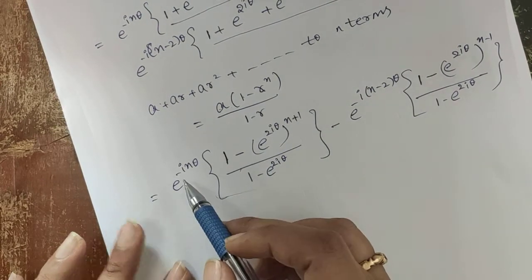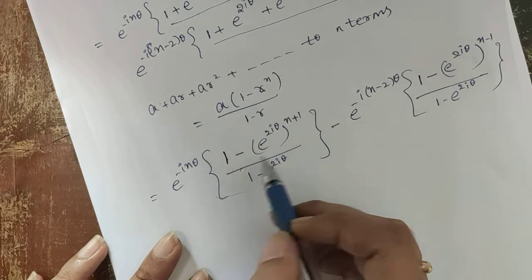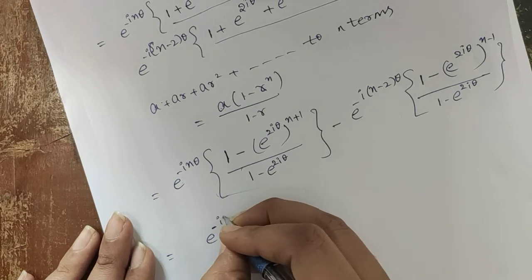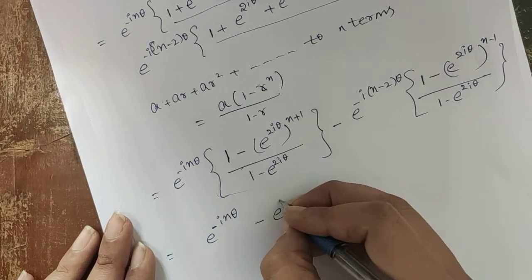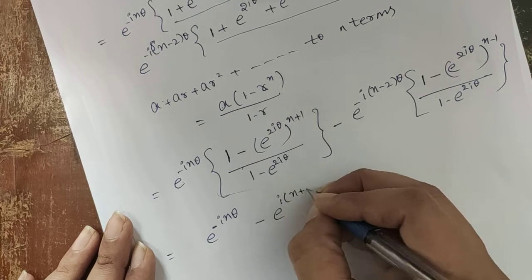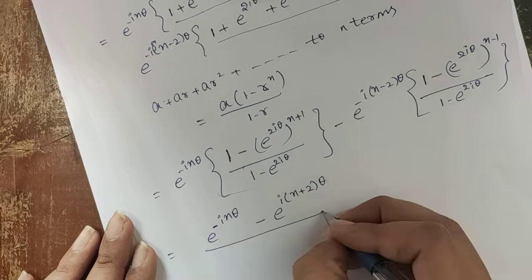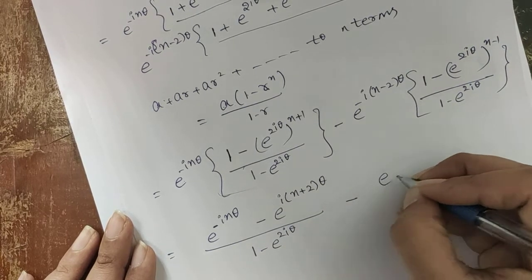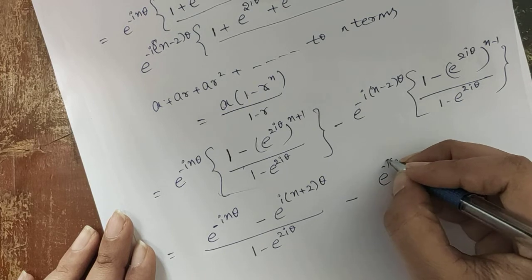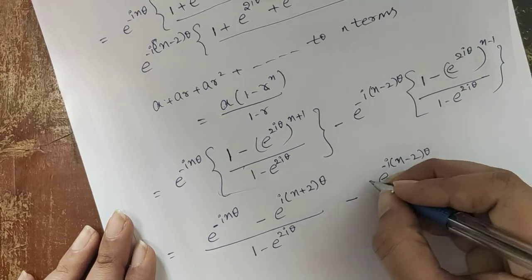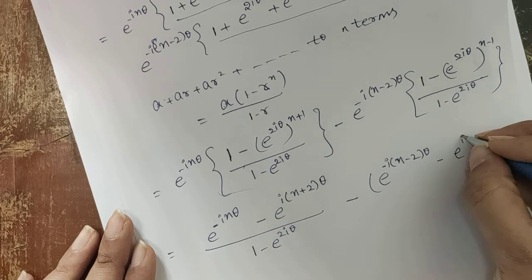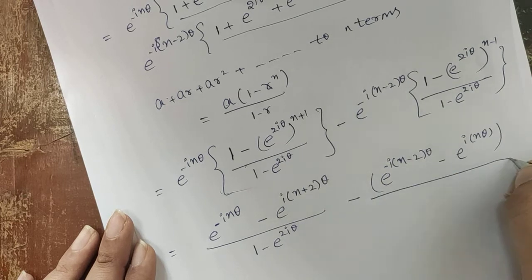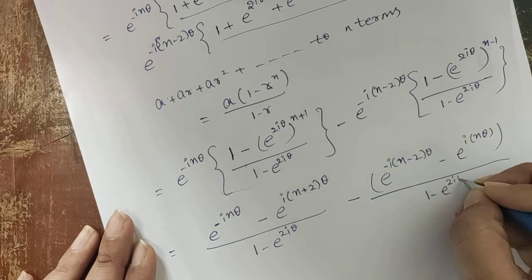If you multiply these terms with your numerator and simplify further, you will get e power minus i n theta minus e power i into n plus 2 into theta, whole divided by 1 minus e power 2i theta, minus e power minus i into n minus 2 theta minus e power i n theta, whole divided by 1 minus e power 2i theta.